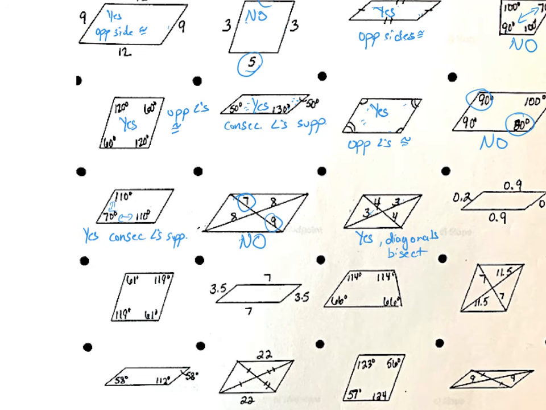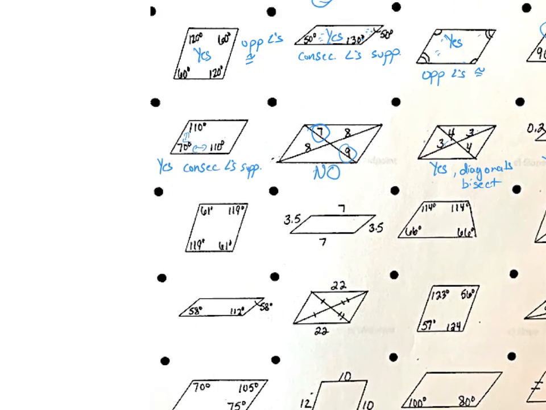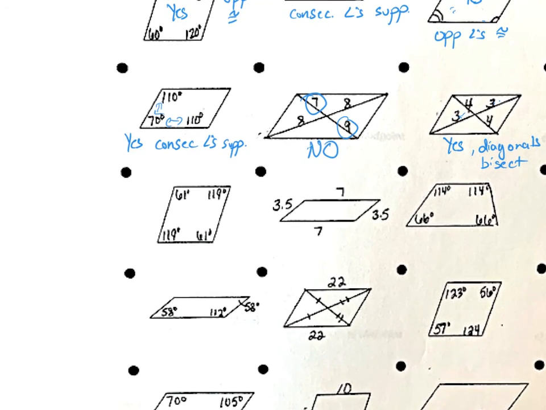This next one, the two opposite sides are congruent, so we can say yes. And these opposite sides are congruent. This one, our opposite angles are congruent, so we can say yes. Opposite angles congruent.